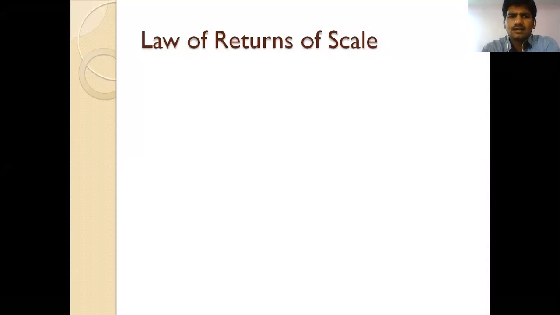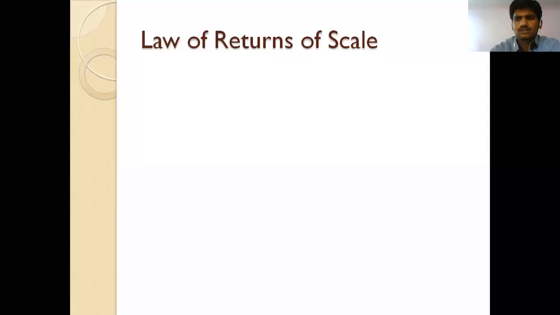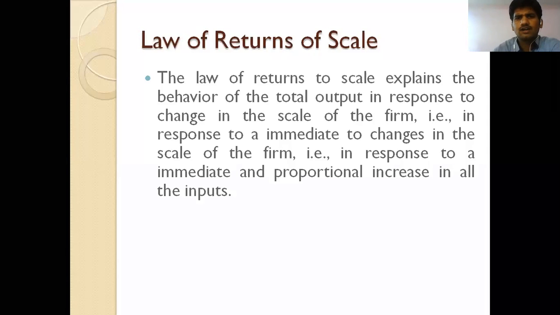So if it is there, then what is the law of returns to scale? Law of returns to scale. This is also one more important concept in production. So what is this law of returns to scale? The law of returns to scale explains the behavior of the total output in response to the change of scale of the firm.